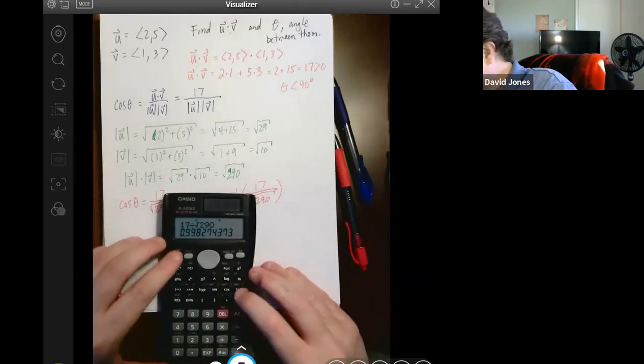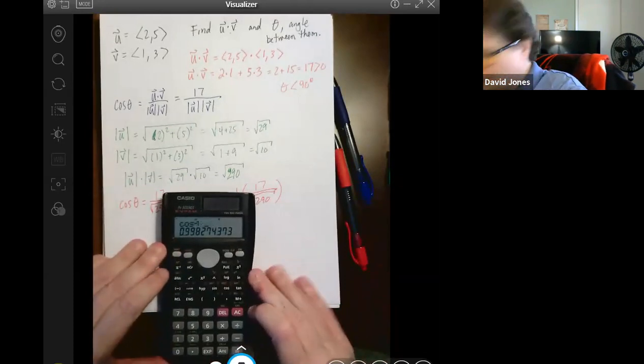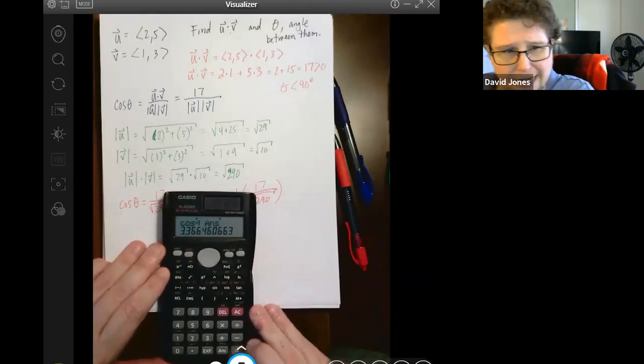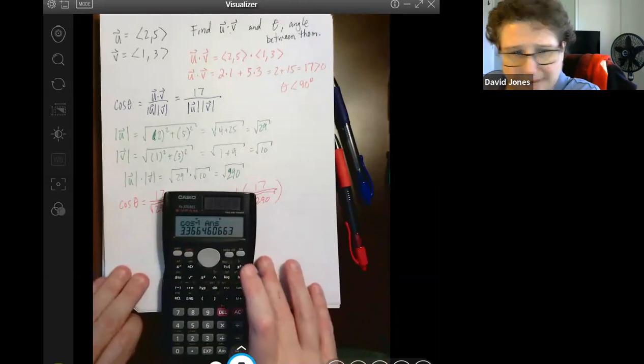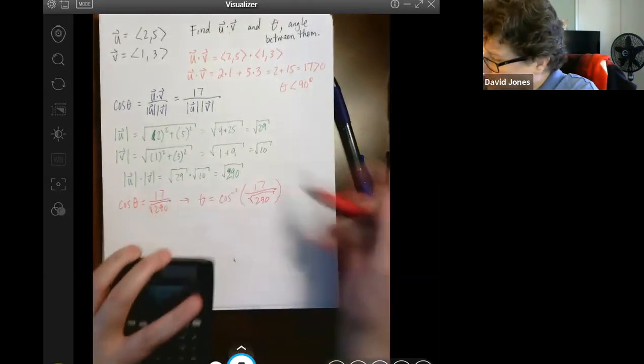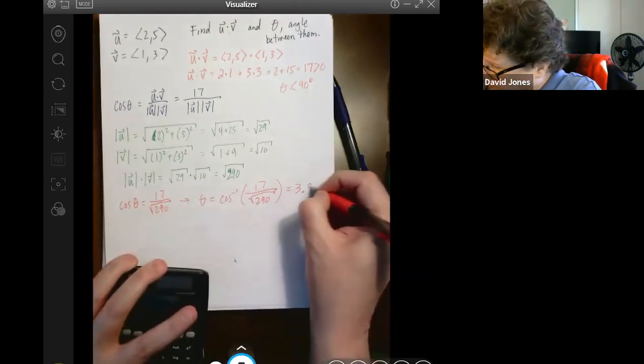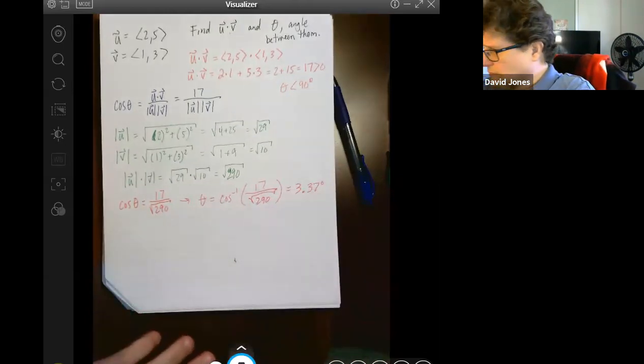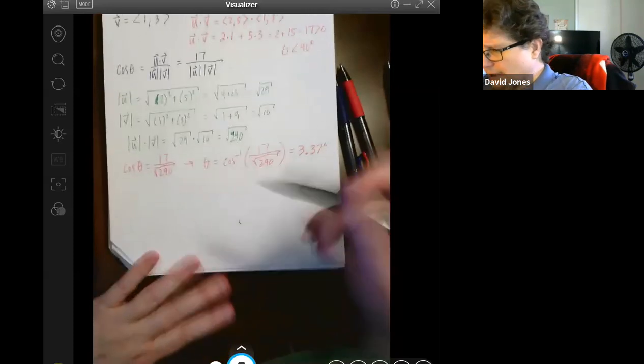And then I'll do shift cosine to get cosine inverse of the answer. And I get 3.37 degrees. Does this sound right?